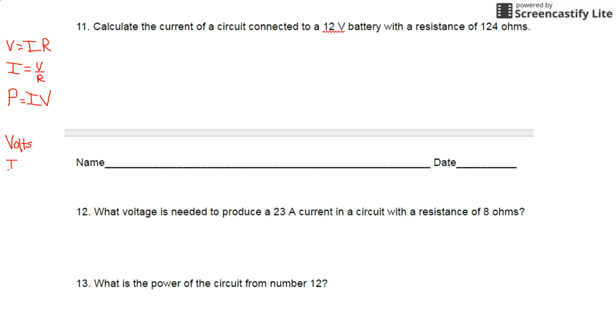I stands for current, and we measure it in amps. R is resistance, and we measure it in ohms, with the symbol Ω. And power is measured in watts.